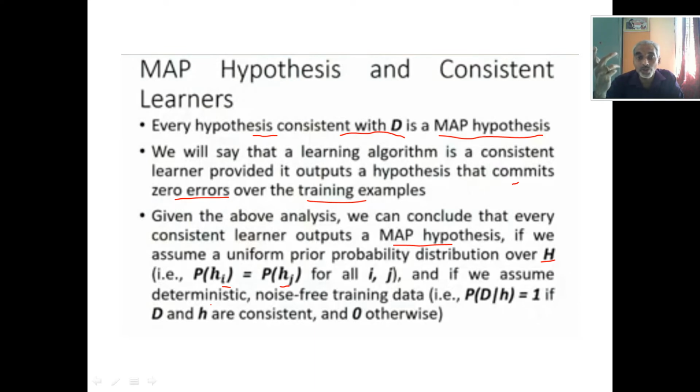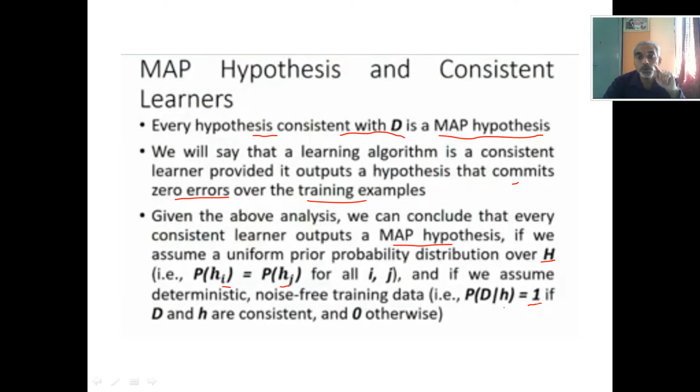So if you assume that your experiment is deterministic, you know this is the output you are going to get. If it is deterministic and noise-free training examples, meaning there is no noise involved in your training examples, then how can we write the probability of the data set D given a hypothesis H?